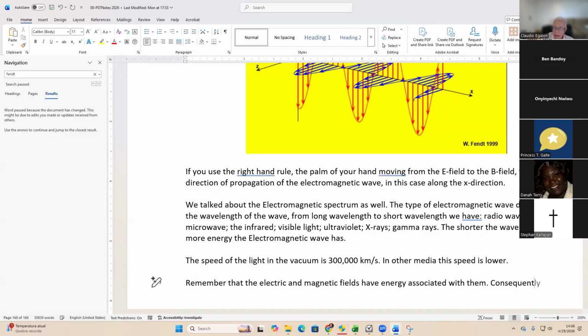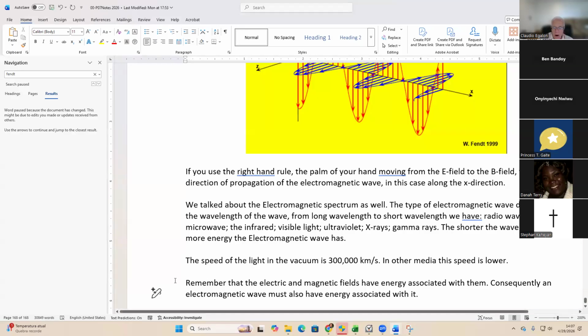Consequently, an electromagnetic wave must also have energy associated with it.